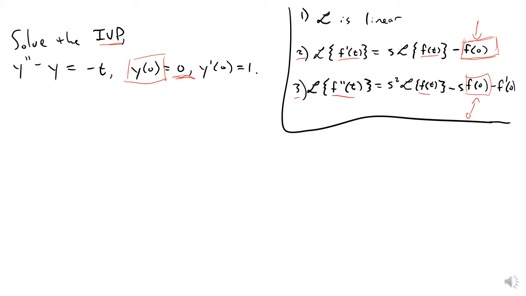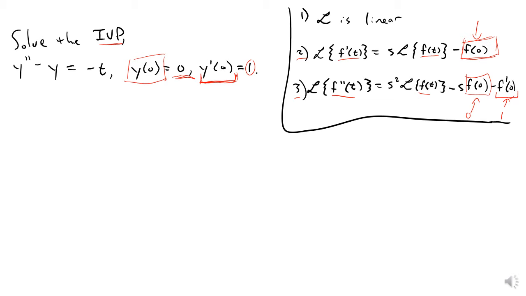And then f prime of 0, that's what was given to us in our other initial condition. So in this particular case, f prime of 0 would equal 1. So we would put a 1 in place of f prime of 0. So if I'm given initial conditions and I apply these properties, I'll know exactly what numbers to put in place of f of 0 and f prime of 0.